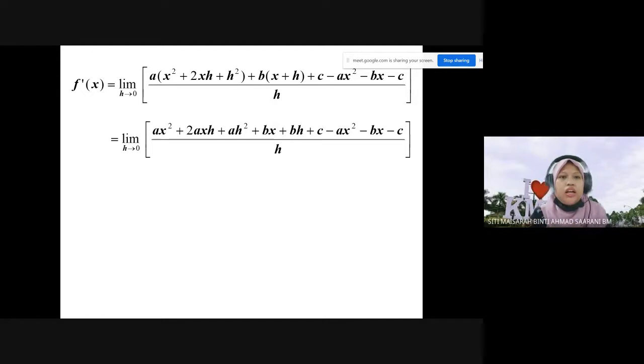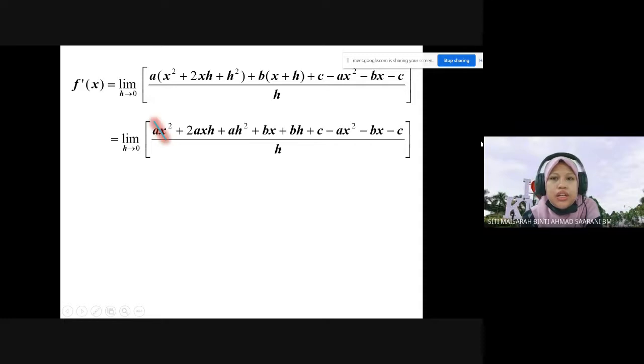Now we have expanded completely, and we can add and subtract. What can we add and subtract? Since we have ax squared, this is ax squared minus ax squared, so it is gone. And then plus c minus c, and then plus bx minus bx.